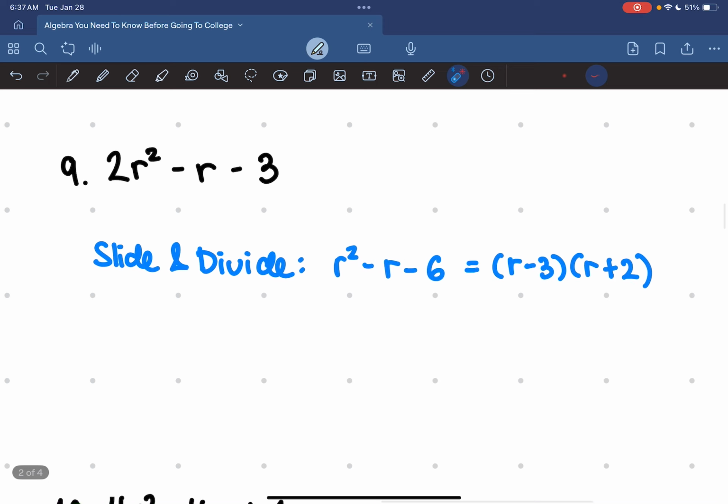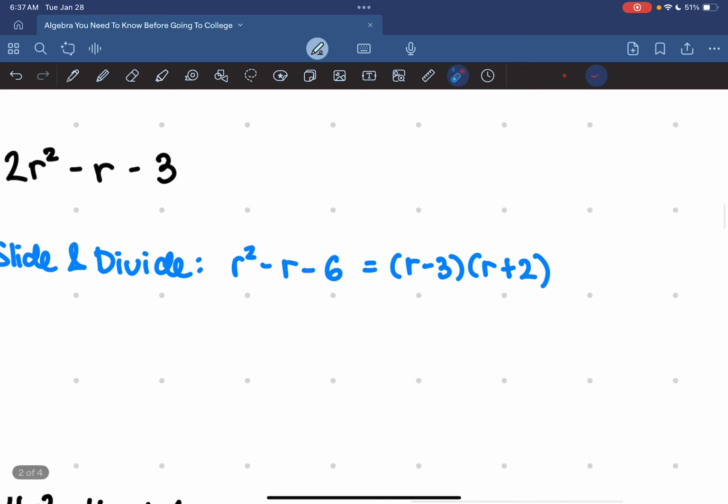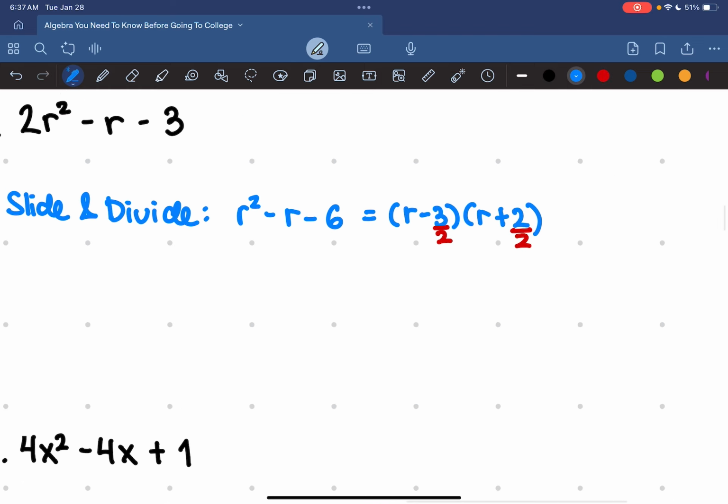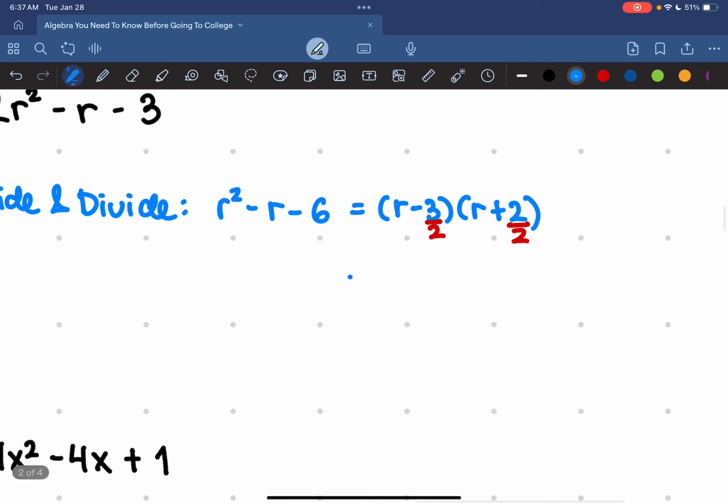Remember the number that we slide, we divide it into these two factors. So this one will become r minus 3 over 2, and then r plus 1.